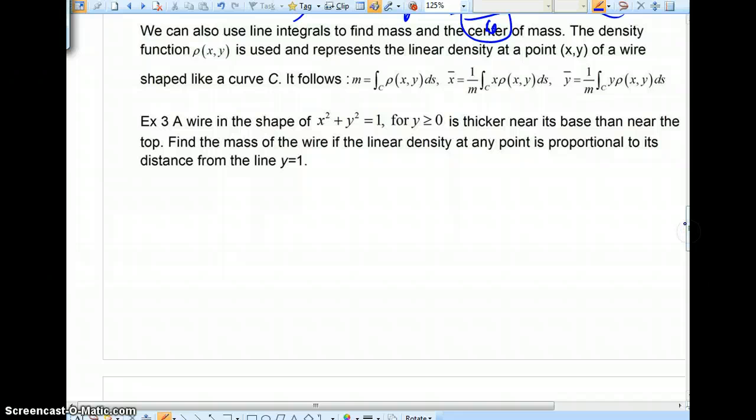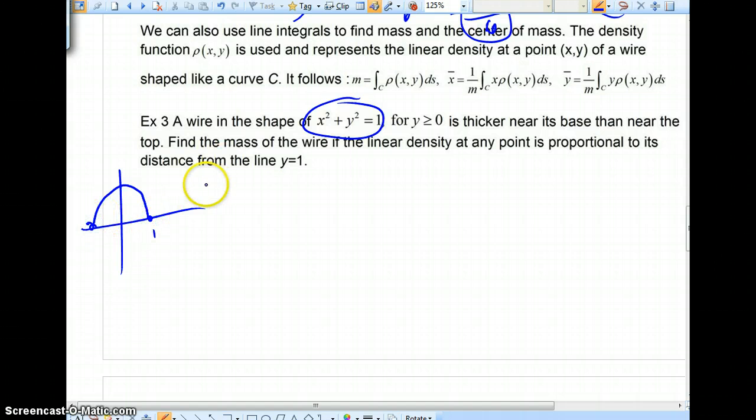And in example 3, it should look very, very close to example 1. We had x squared plus y squared equals 1 with y just above 0. So my goodness, what we could do again is just let x equal the cosine of t, let y equal the sine of t.